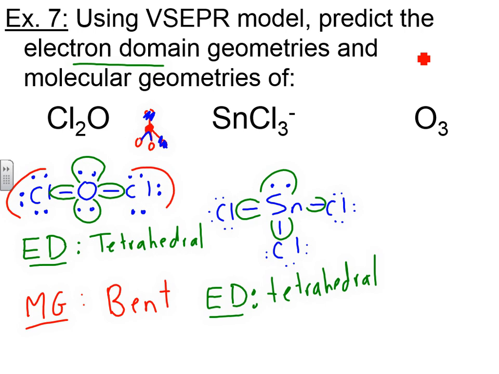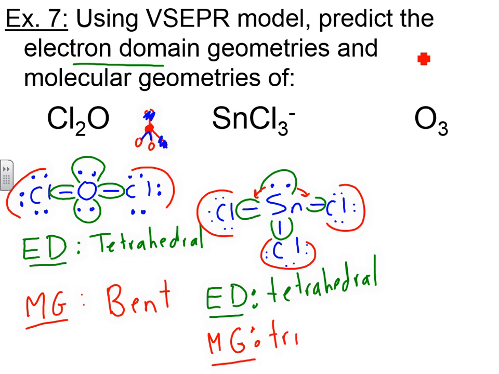And then this pair is simply influencing them, and this pair is pushing them down, creating a molecular geometry called trigonal pyramidal. Some say pyramidal. Feel free to say either. And that's how you get it. So both of these actually come from the tetrahedral electron domain geometry.